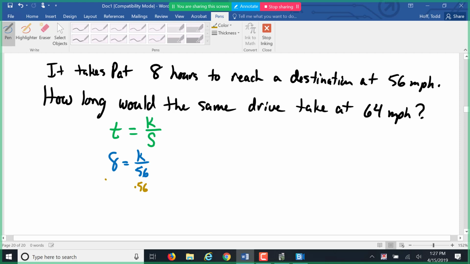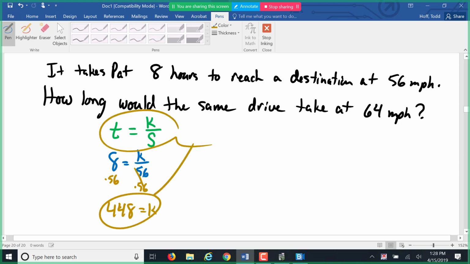If I multiply by 56, 8 times 56 is 448 equals k, giving us that the time it takes is going to be 448 divided by S. How long would it take at 64 miles per hour?